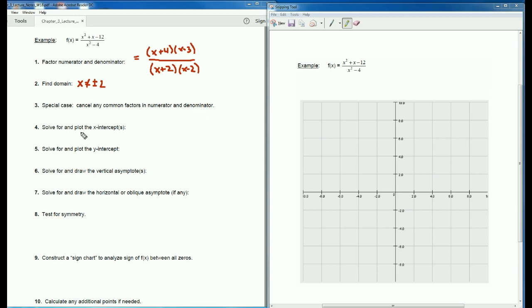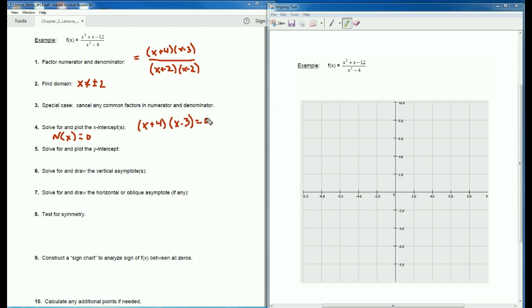Solve for and plot the x-intercepts. So again, we want to take the numerator and set it equal to 0. Because when the numerator equals 0, that's when y will equal 0. So in this case, I'm taking my numerator, which is x plus 4 times x minus 3, and setting that equal to 0.